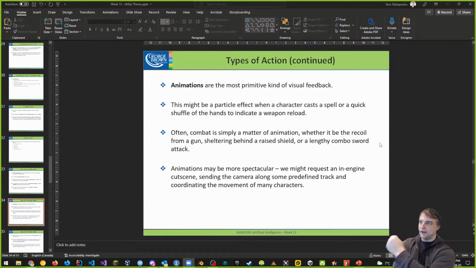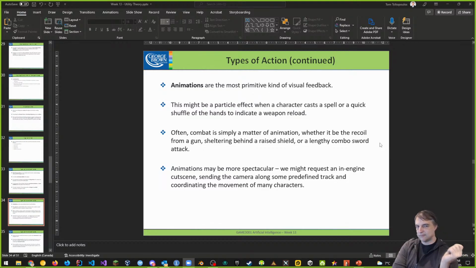Another one, animations. A very primitive kind of visual feedback. Again, we see some kind of animation happening. It might be a particle effect, fire, when a character casts a spell, or a quick shuffle of the hands to indicate the weapon reload. And often combat is a simple matter of animation, whether it be the recoil from a gun, so you see the gun recoiling, sheltering behind a raised shield, or a lengthy combo sword attack, right?